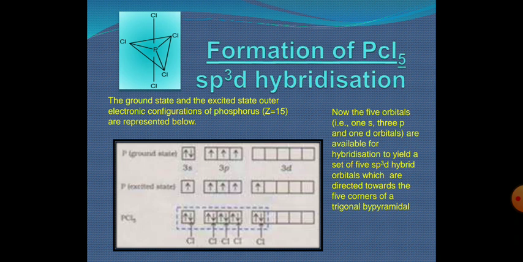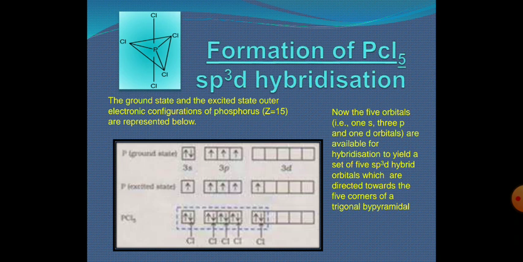Now students, before going to the hybridization, we should know the ground state electronic configurations of the elements present in the given molecule. In our given molecule, the central atom we are going to consider is phosphorus. The atomic number of phosphorus is 15, that is Z is equal to 15.